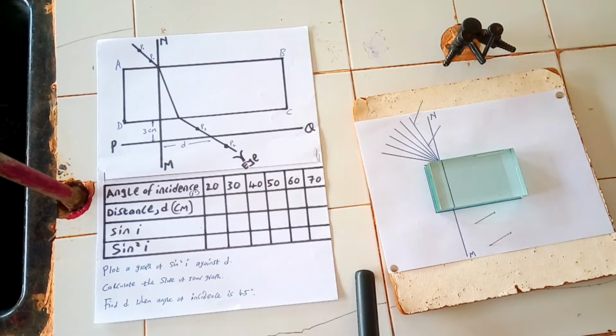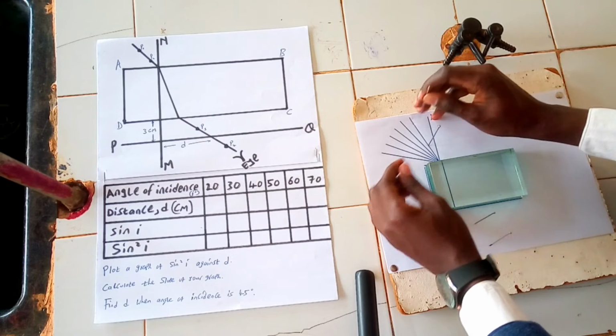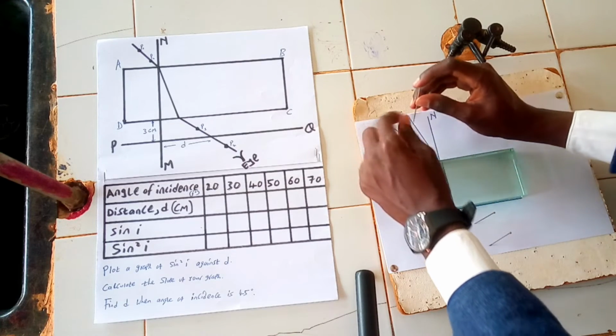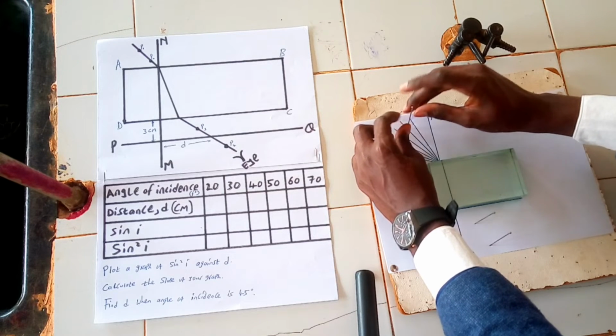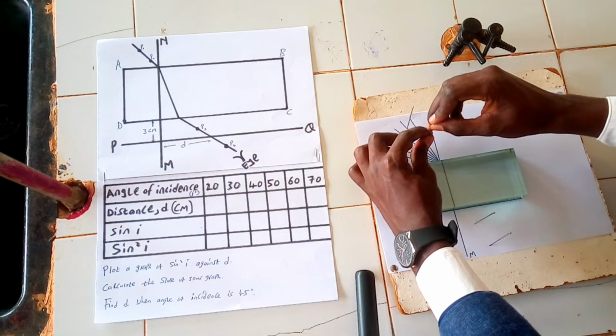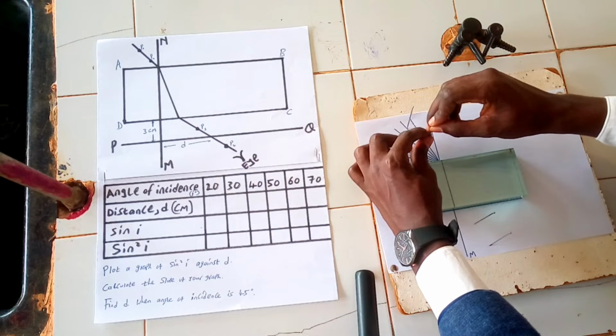So those two pins are there with the search pin. Let me do the same for the other angle because I want to do it all at once. Told you I want to use a shortcut for the sake of time.